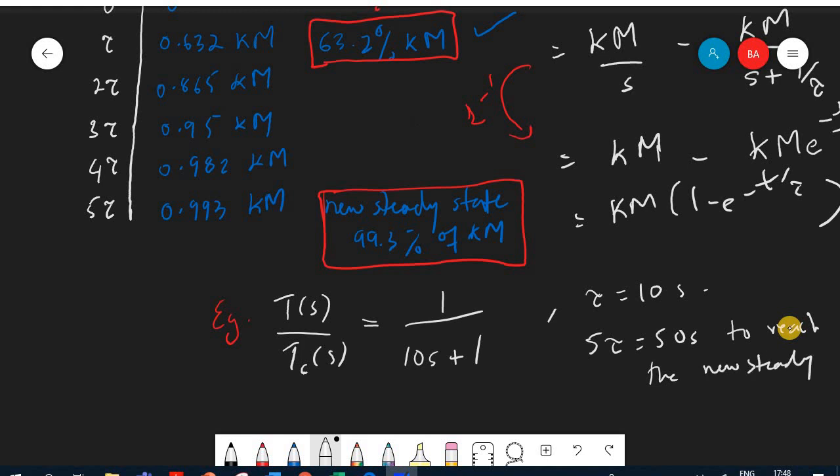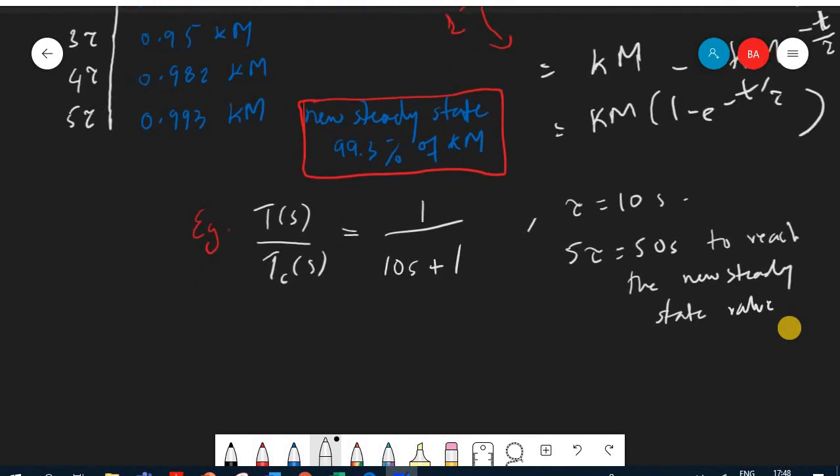So if you are a supervisor, a superintendent sitting in an industry, and you know that the time constant is 10 seconds, and you told the operator that it will take 50 seconds or about a minute to get to the new steady state value, and then the operator waits for the response, and he discovers that it takes about 50 seconds to reach the steady state value, and says, wow, how did you know that?